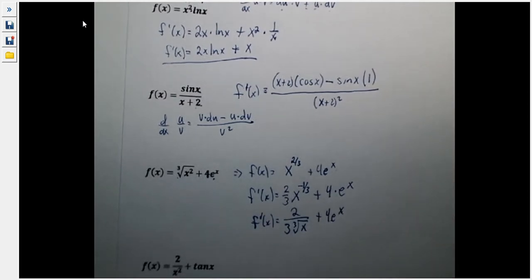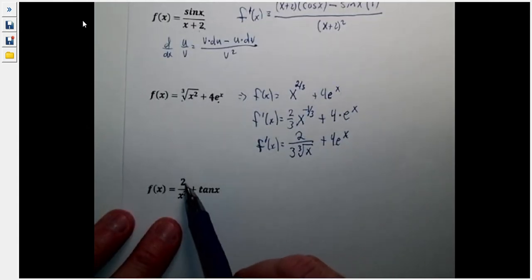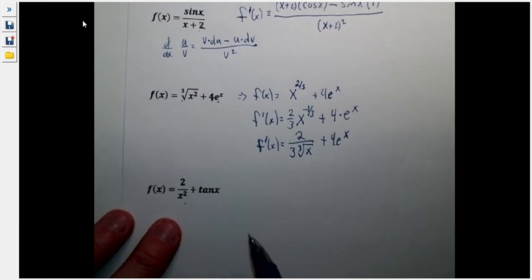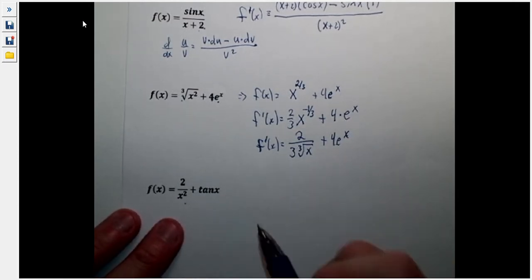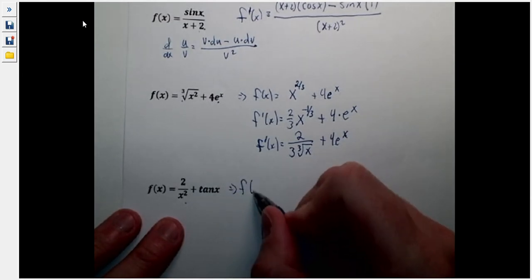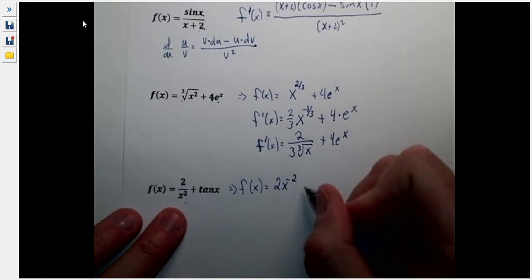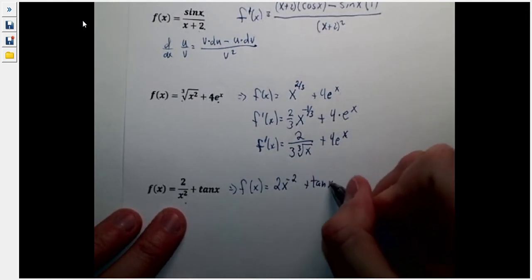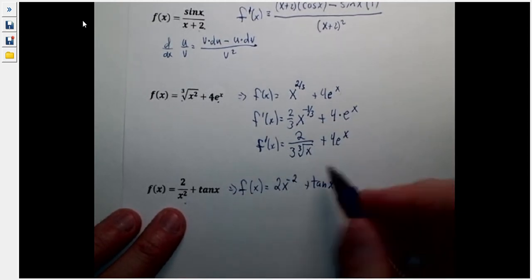Now this one here, the last one, again, we have a trig derivative, but we don't have product rule or quotient rule going on, but I do have this power in the denominator, so I'm going to have to rewrite first. So, start by rewriting. F of x equals 2x to the negative 2 power plus tangent x. So that's my rewrite. Notice I have not taken the derivative of anything yet.